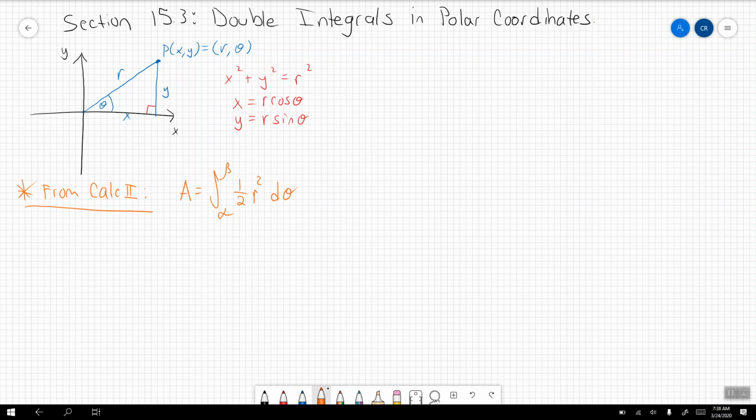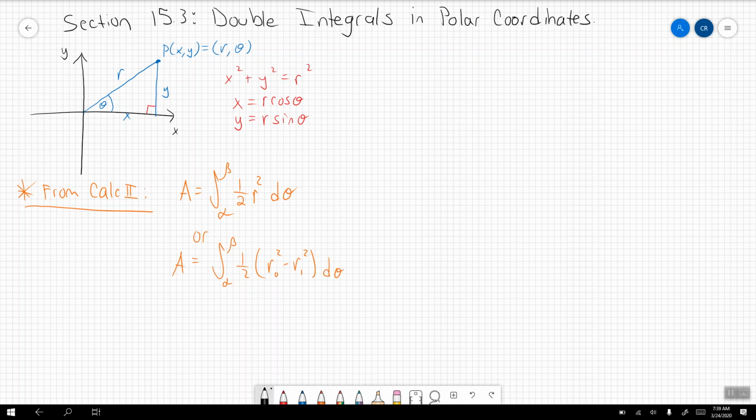Alright, and this was the area of a sector bounded between two radii. And we got a little bit more general when we did this in Calc 2, where we said, okay, we're going to go from some alpha to some beta, and what if the radii that we're trying to find the area of the sector for is bounded between these two radii?